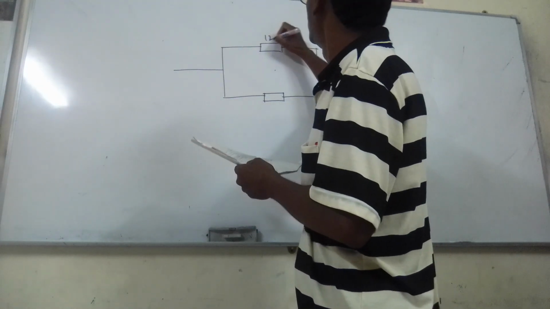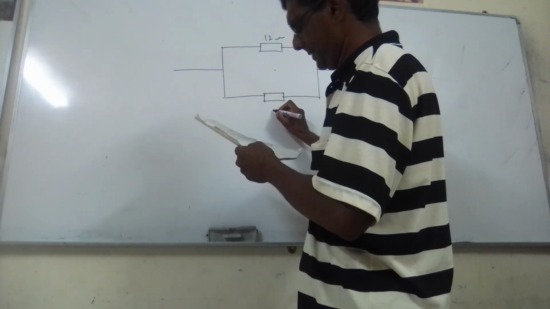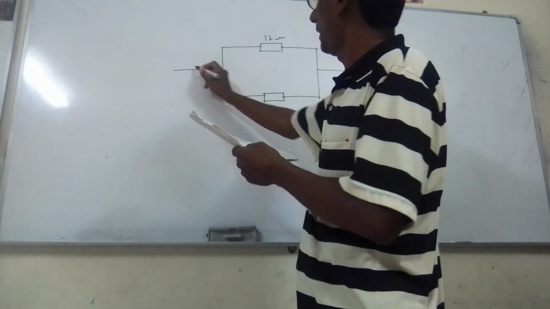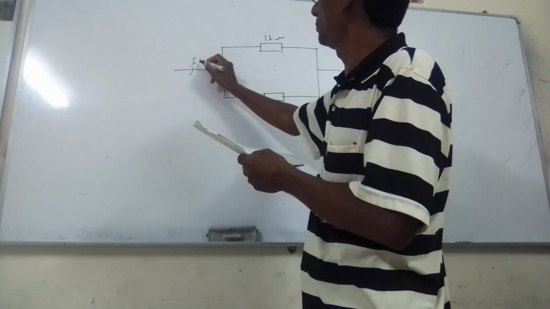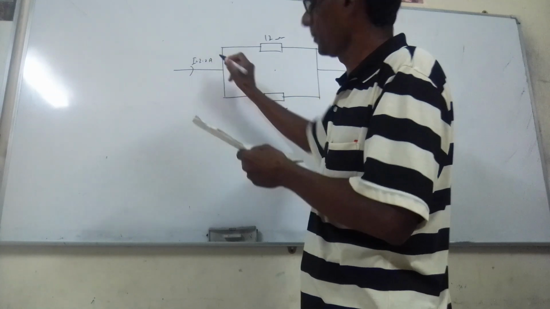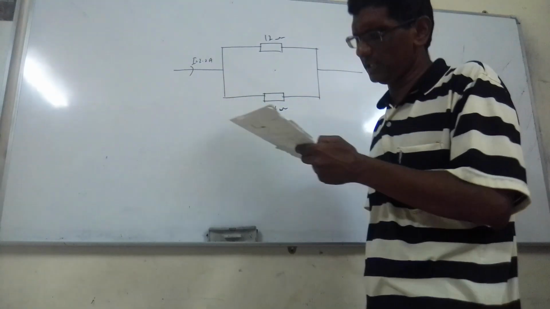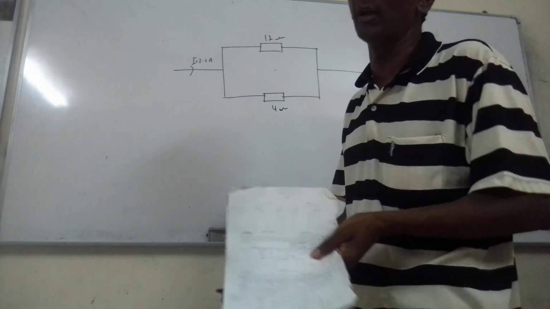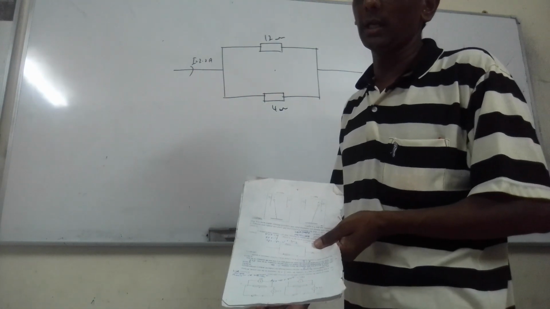This is 12 ohm and this is 4 ohm, and the current I is equal to 2.0 ampere.